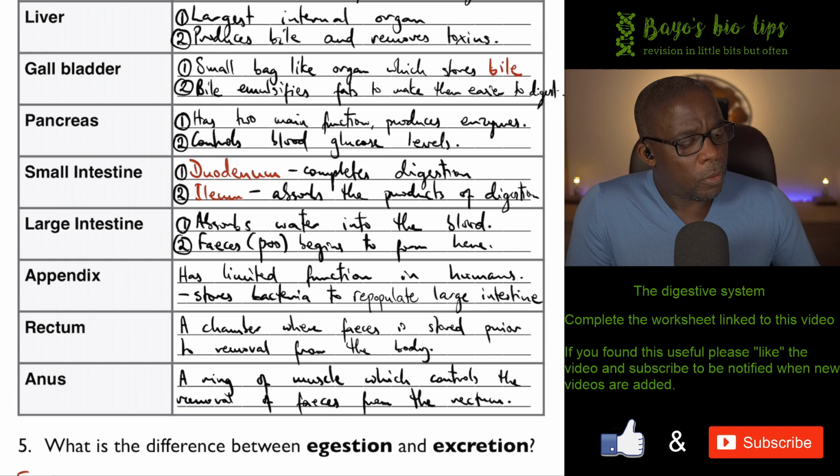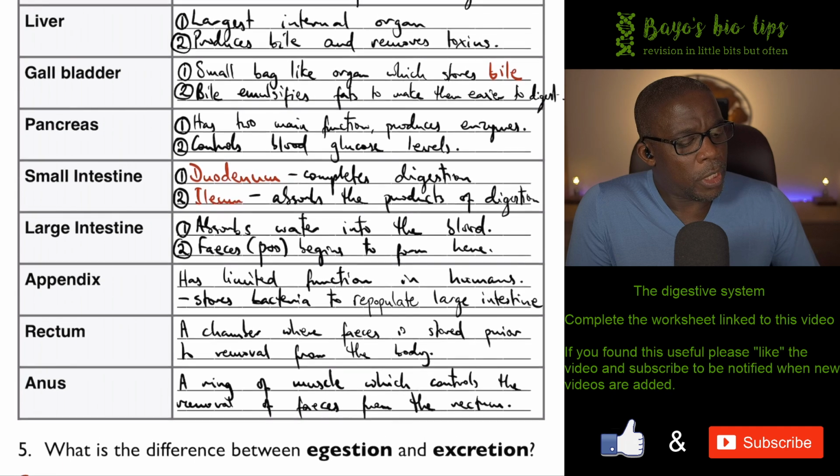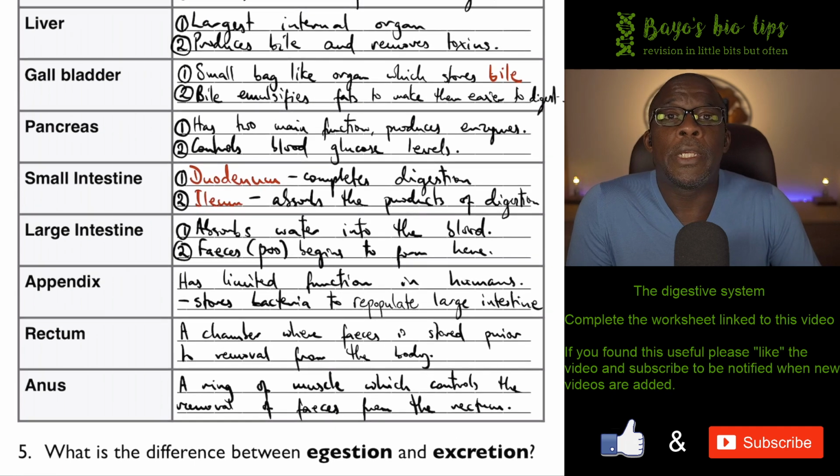The final thing we're going to look at is the difference between digestion and excretion. So what's the difference? You've probably heard of excretion, but you might not have heard of digestion. Many people are under the impression that when you remove feces, that is an example of excretion.